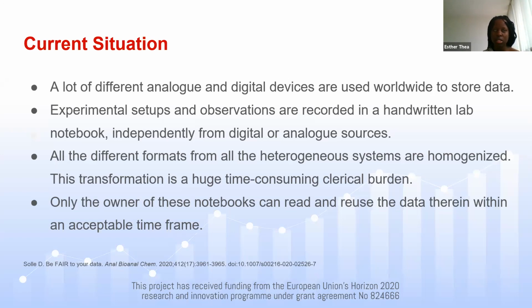And this is a process that takes a lot of time, and it is a clerical burden for the people who have to homogenize these heterogeneous systems. And then only the owner of these notebooks or of this handwritten notes can read and reuse the data within an acceptable time frame. So anybody else who would like to access that data cannot, because they are not the actual owner of this data. Next slide, please.